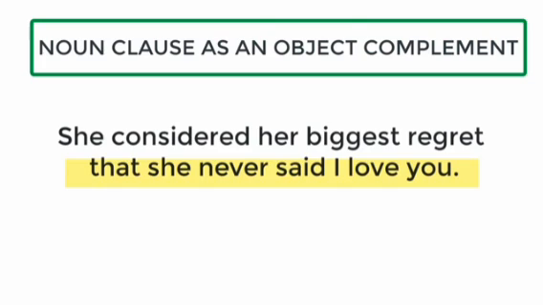Okay, another example here. She considered her biggest regret that she never said I love you. So that she never said I love you is a noun clause that describes the regret, something that she regrets.